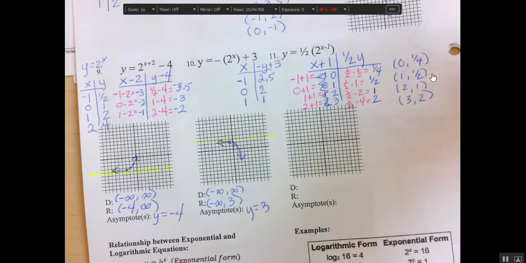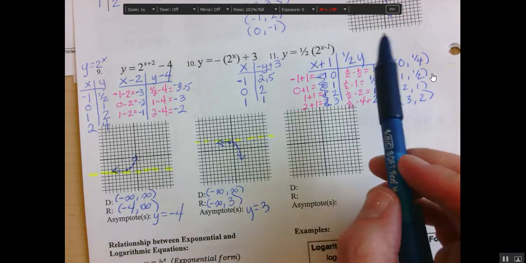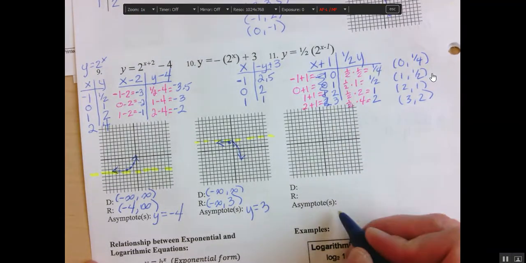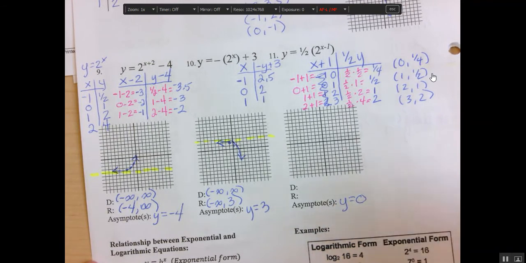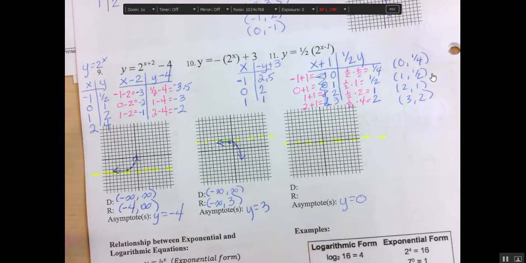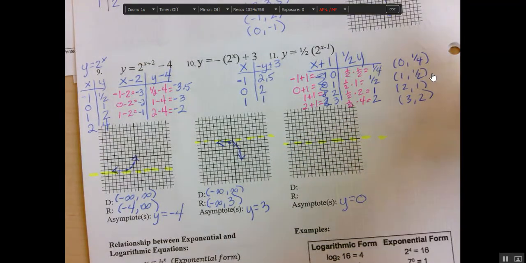And what happened to my asymptote? Where is my asymptote going to be? 0. Still at 0. Good. Because if I do 1/2 times 0, I still get 0. So my asymptote is at y equals 0. All right, now I'm going to plot the points.